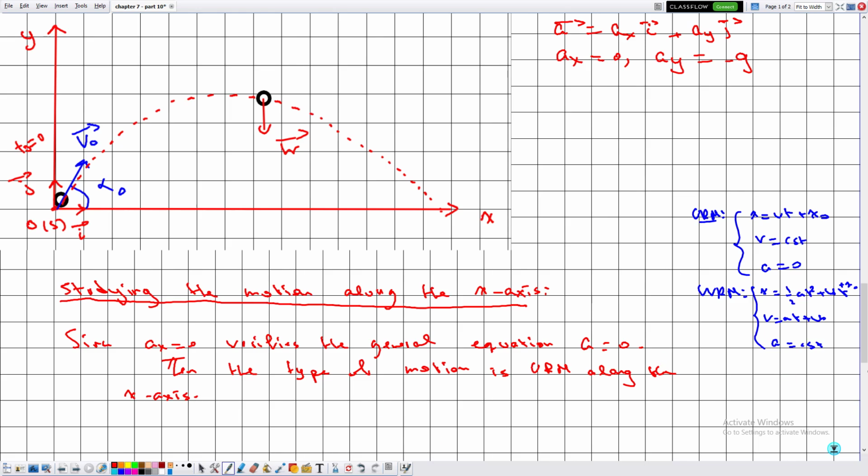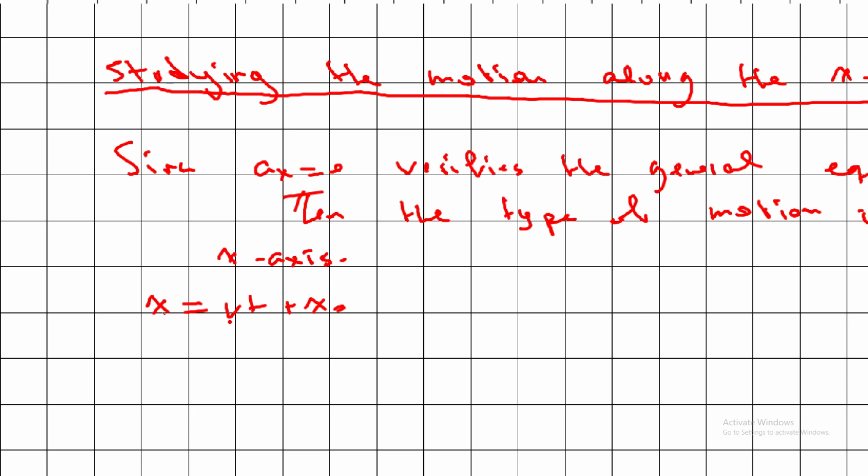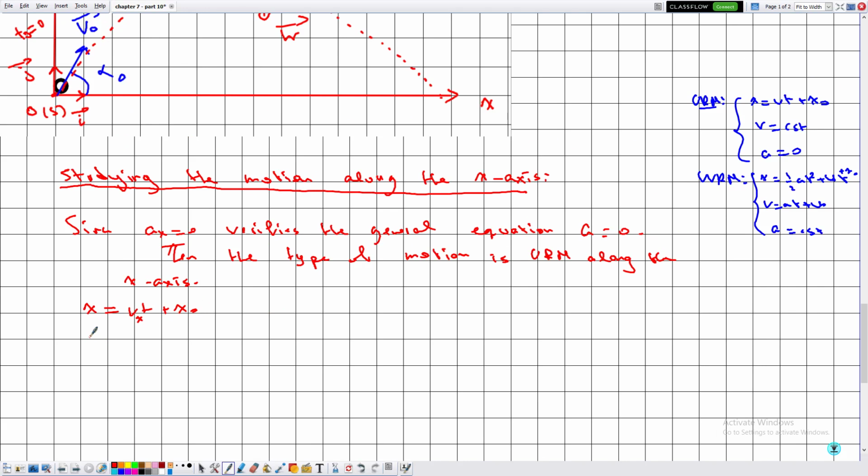So in this case, now we are allowed to use all of these equations. So we have that x is equal to vt plus x0, but notice that here we must distinguish between two components. So this is x, and vx is equal to a constant, and a is equal to 0.